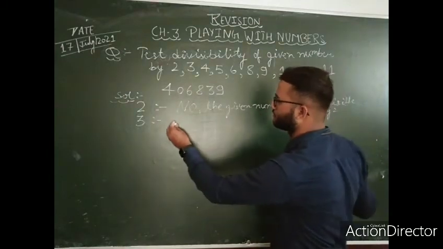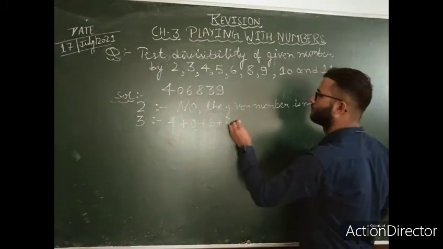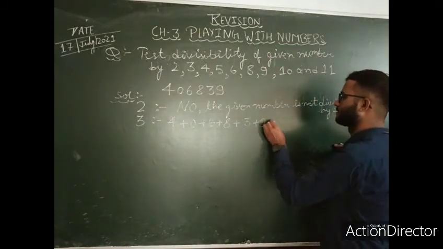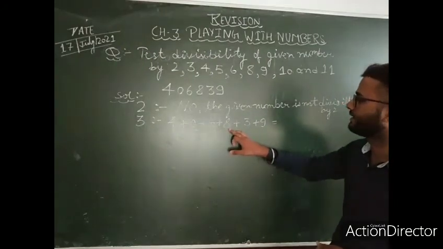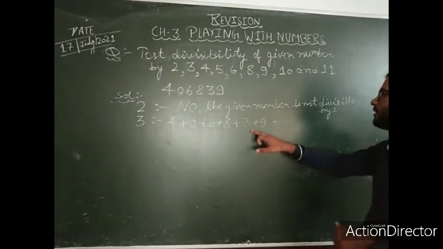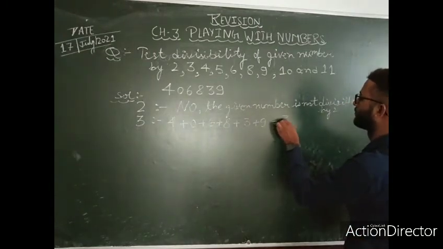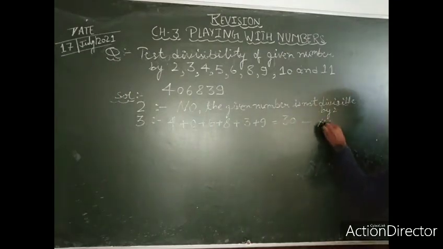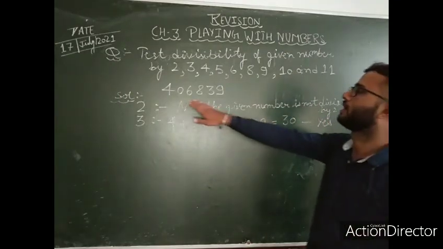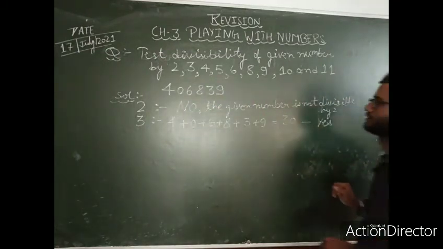Now we add all these digits: 4 plus 0 plus 6 plus 8 plus 3 plus 9. 4 plus 6 is 10, 10 plus 8 is 18, 18 plus 3 is 21, and 21 plus 9 is 30. And you all know that 30 is divisible by 3. So we say yes, the given number 4,06,839 is divisible by 3.